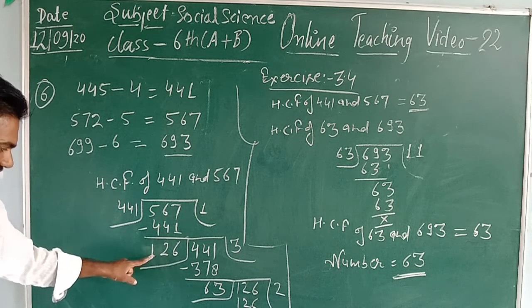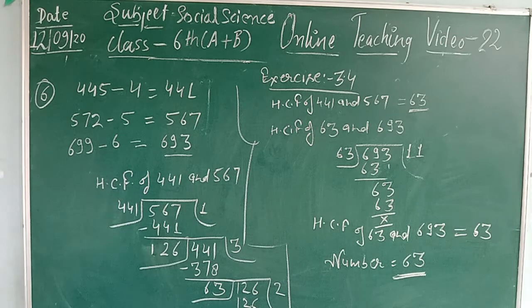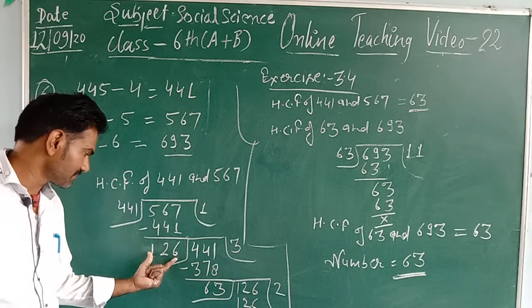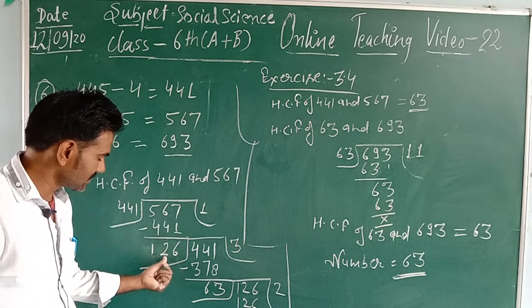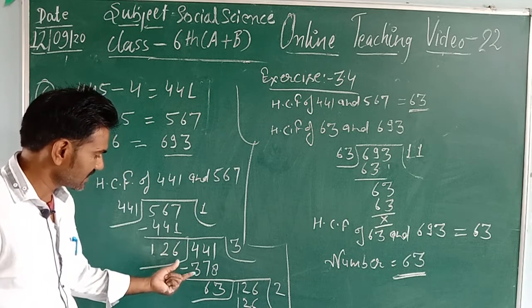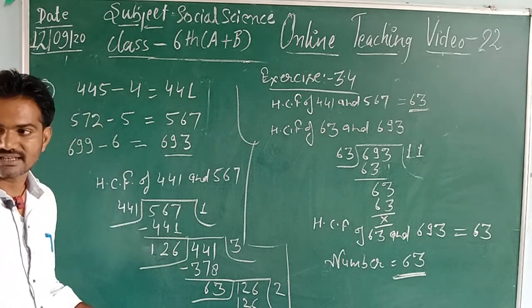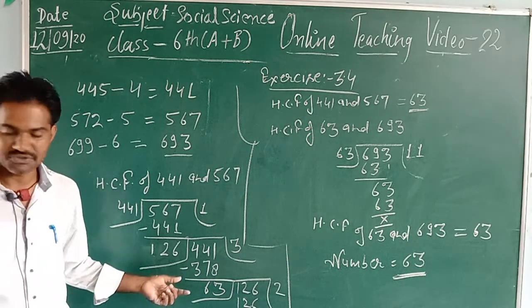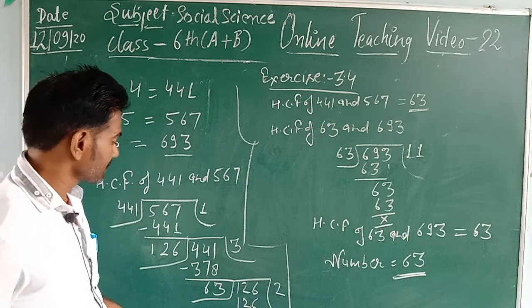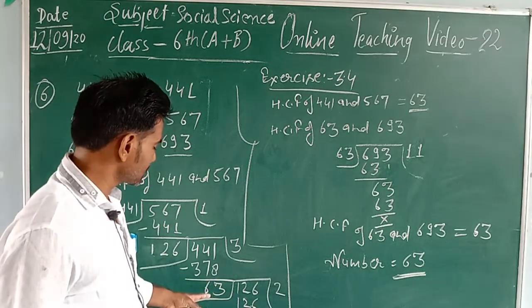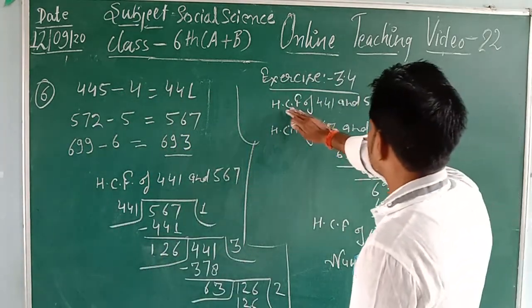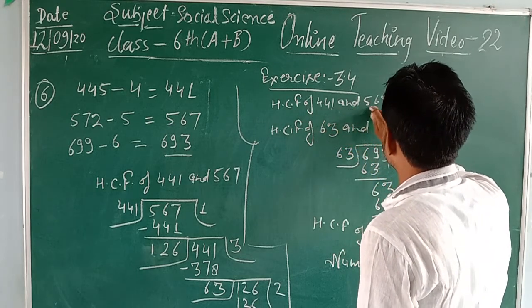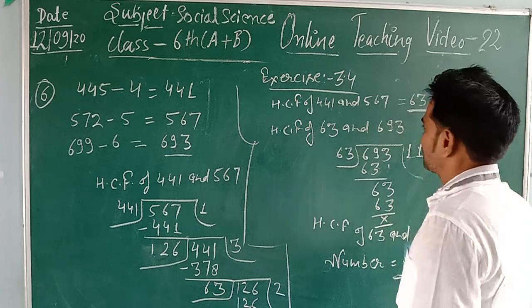We get remainder 126. Then 441 divided by 126: 3 times gives 378, and subtracting from 441 leaves 63. Then 126 divided by 63 is exact. So the HCF of 441 and 567 is 63.